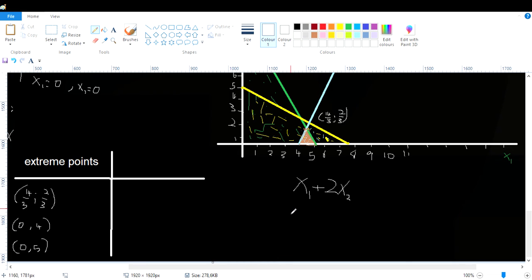Let's start with this one. x1 is equal to 14/3, plus 2 times 2/3.